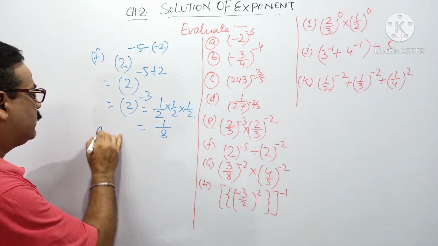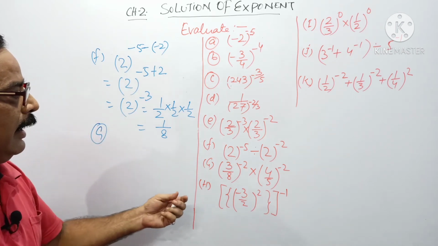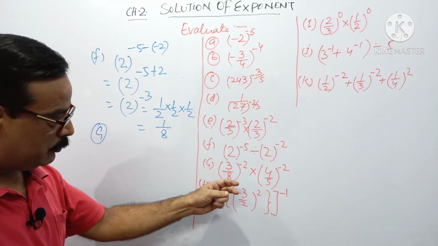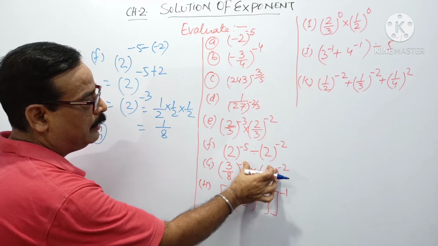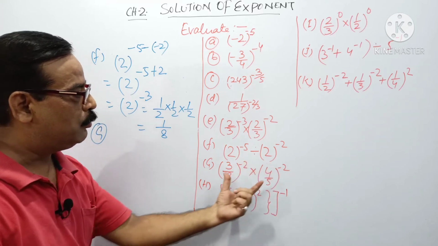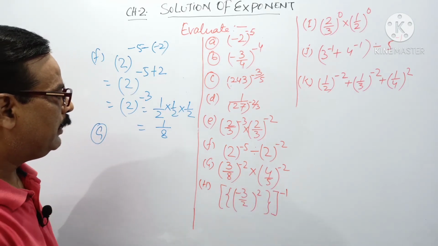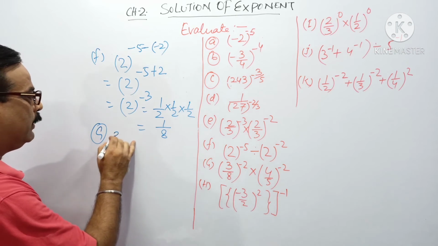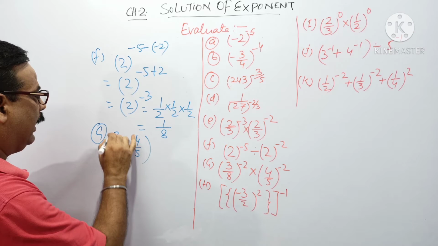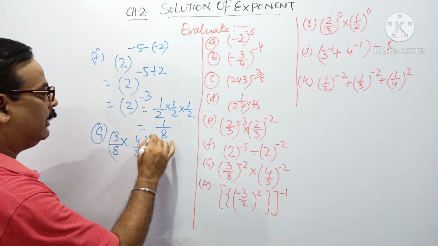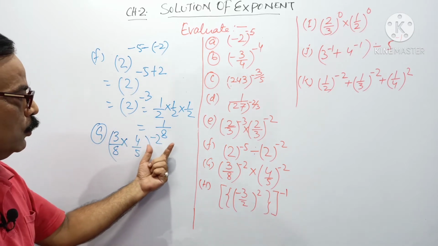We are moving towards question number G. In question number G, what we are looking at here is that the base is different but the power is the same, and both are multiplying each other. So according to the law of exponents, we can write 3 by 8 into 4 by 5, and as a whole the power is minus 2.